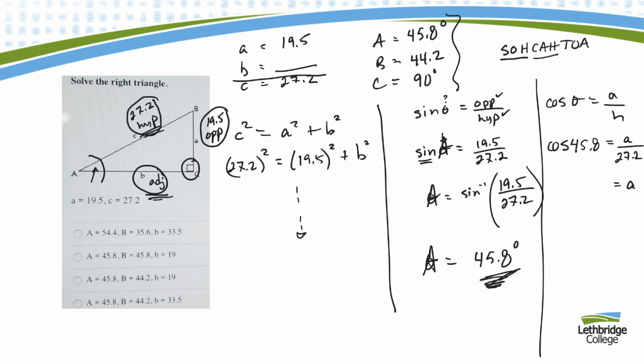So then I would just have to take 27.2, multiply it by the cos of 45.8, and that'll give me side A. No. That side, yeah, I called it A, but I should have called it B. So it's the adjacent side, and the adjacent side is actually called B.